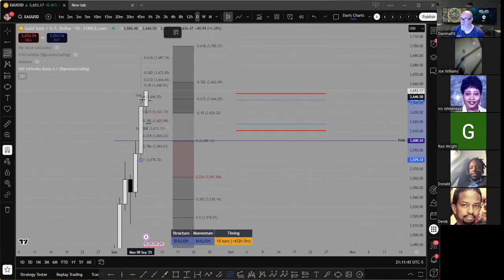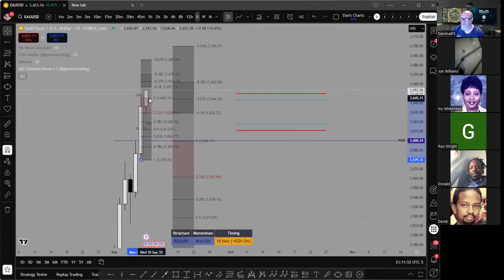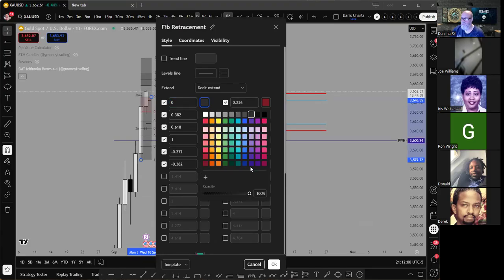Because we have a different market playing out here today. We have a totally different thing going on here. We have a bullish candlestick. Let me just change these all to blue.